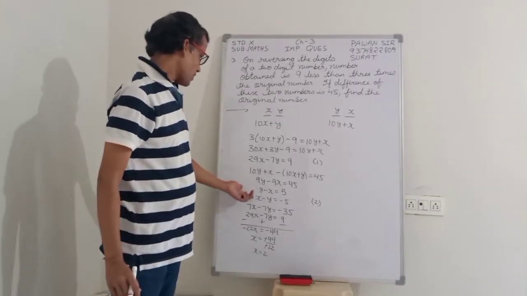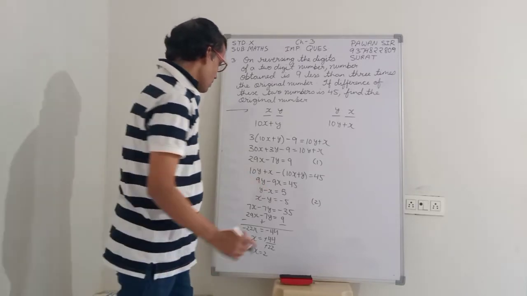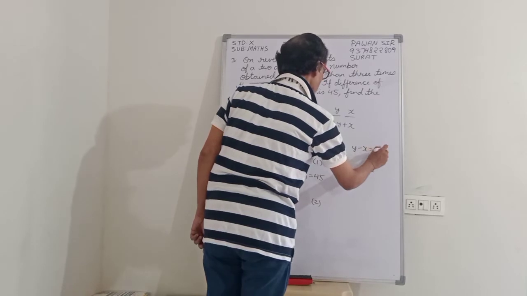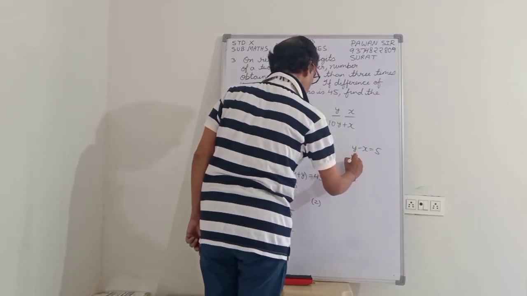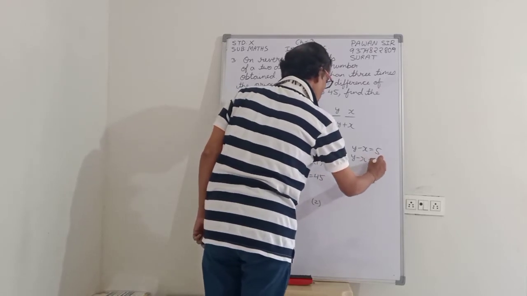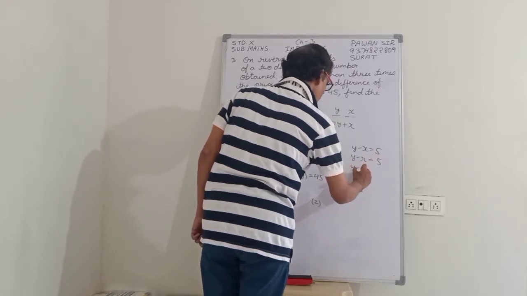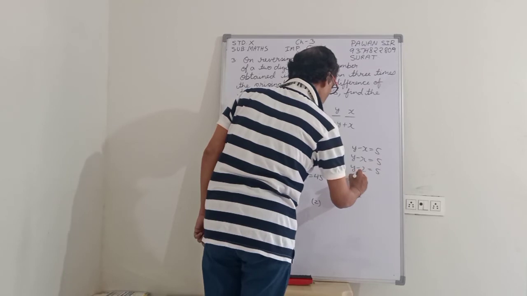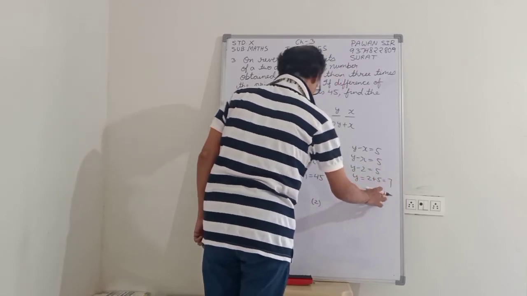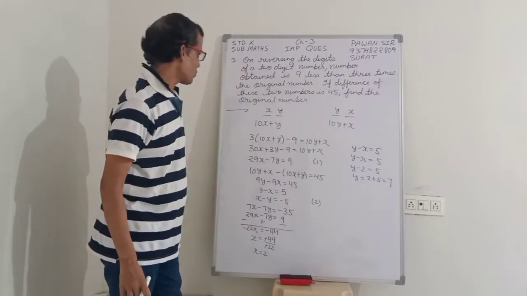Now put the value of x in these equations. We have y minus x, it is equal to 5. So put x equal to 2 in this equation. We get y equal to 2 plus 5, y is 7. We get y equal to 7 and x equal to 2.